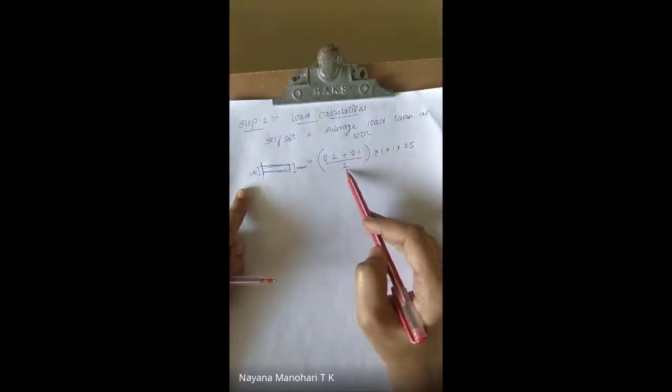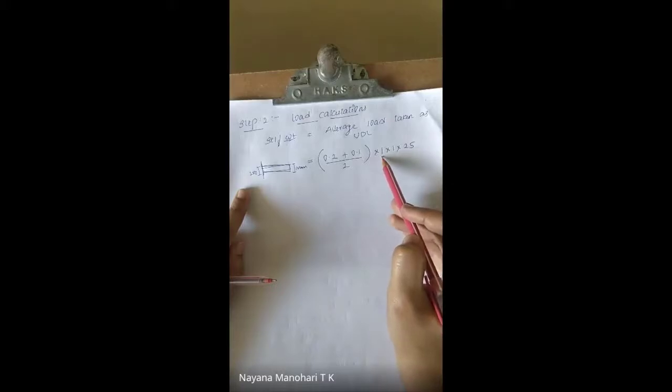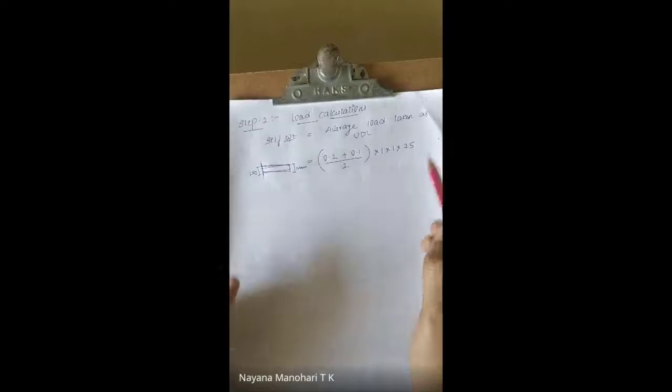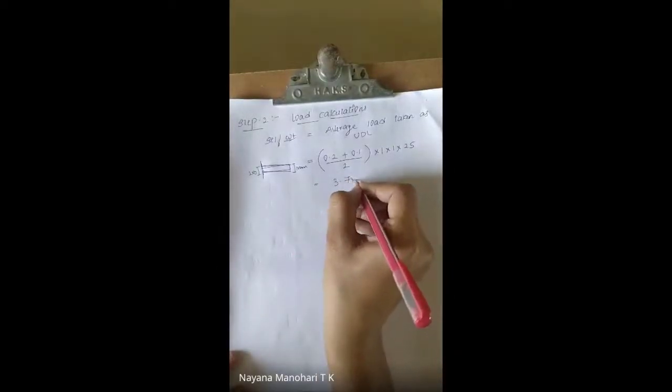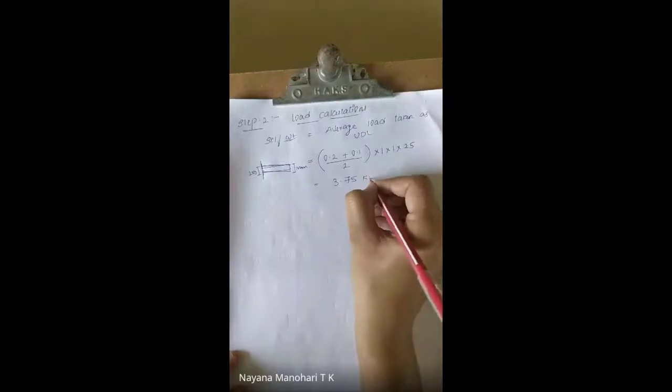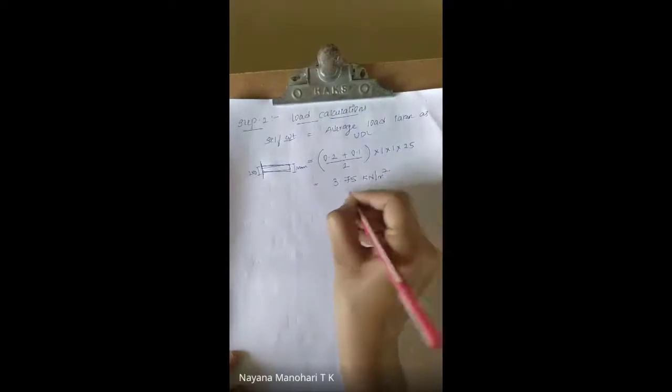Average you need to consider, multiplied by width for 1 meter, and length 1, multiplied by its density. At the fixed end it is 200 mm and at the free end the depth is 100 mm. You will get 3.75 kilonewton per meter square.